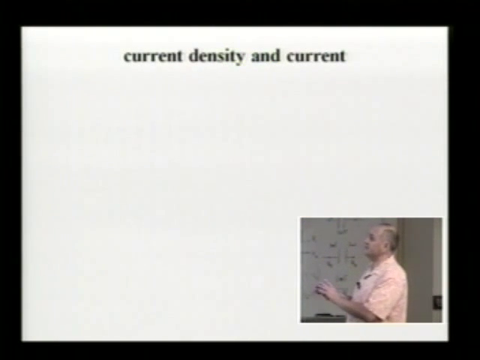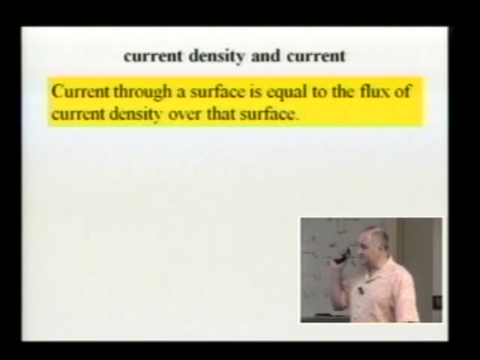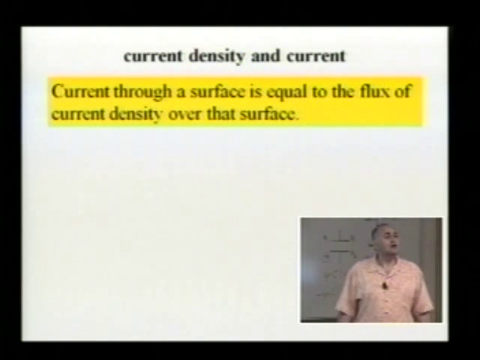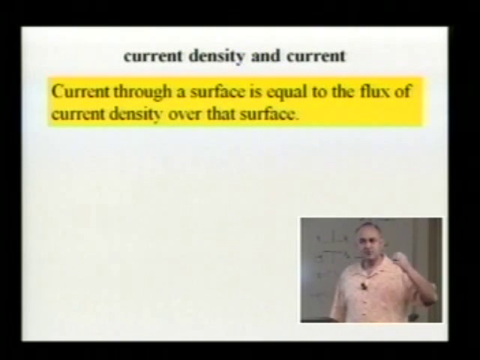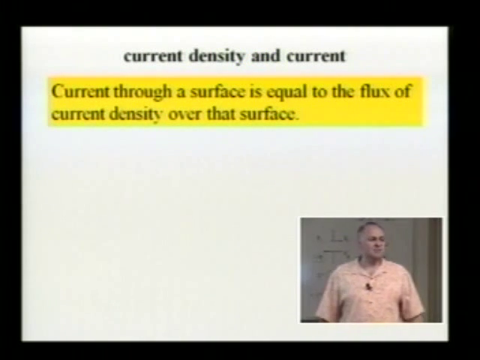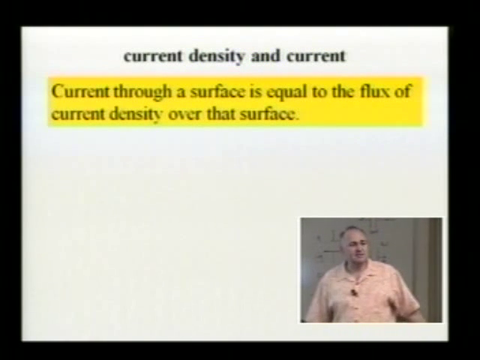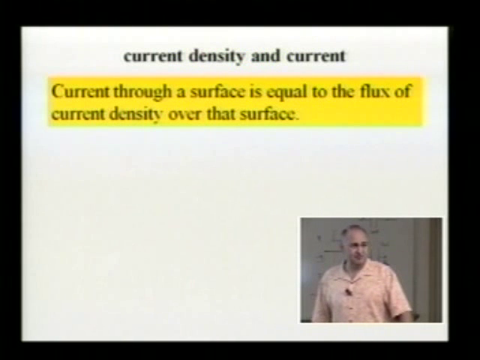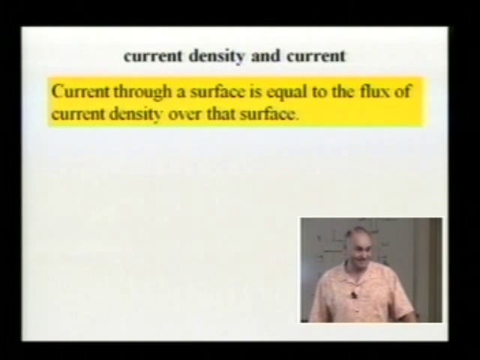And let's take a look at the relationship. Current through a surface is always equal to the flux of current density. And we already are very familiar with the concept of flux, right? All right.